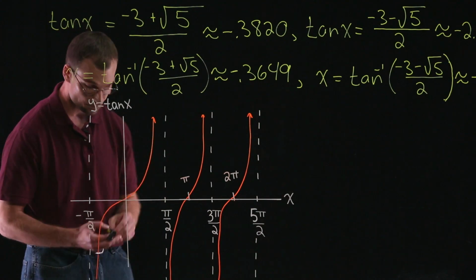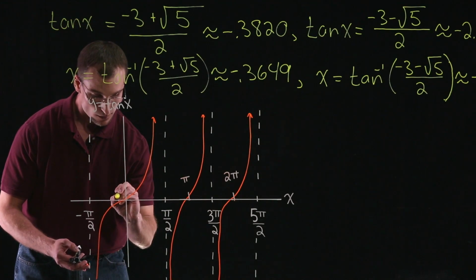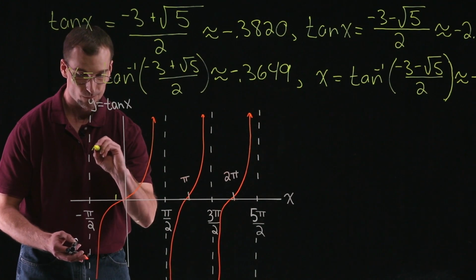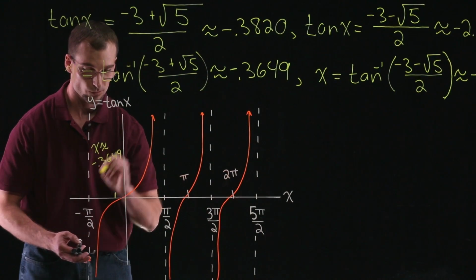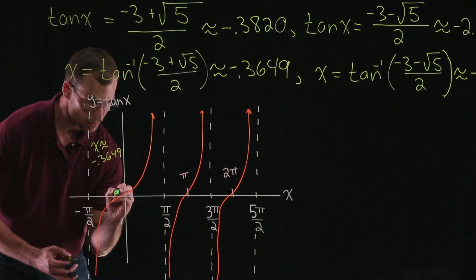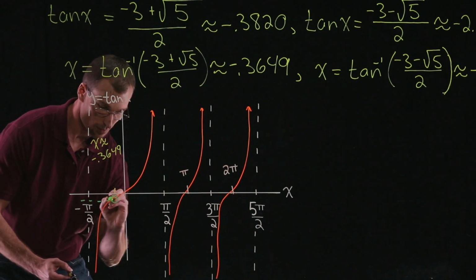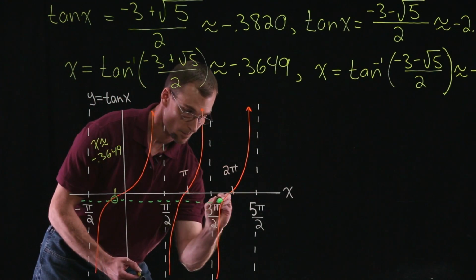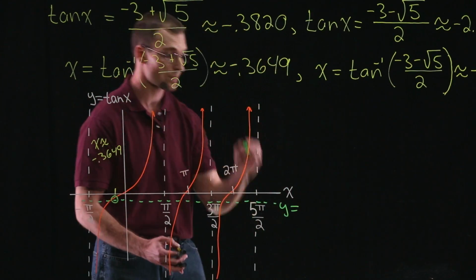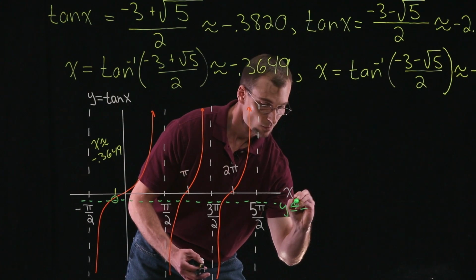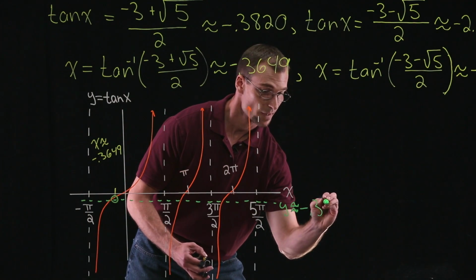So let's start with what we have. So we have the x value, negative 0.3649, which is close to 0. And looking at that, we see that has a y value, the y value, or tangent value, of negative 0.3820.